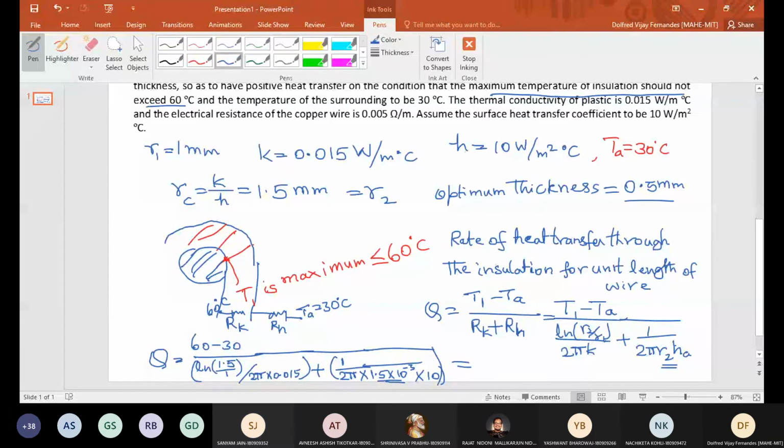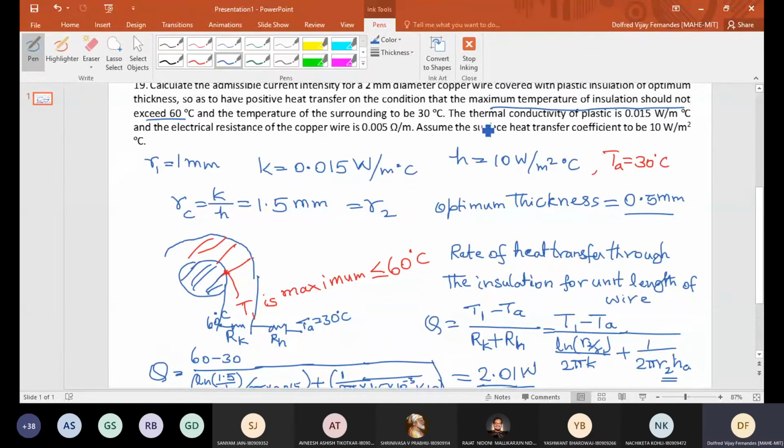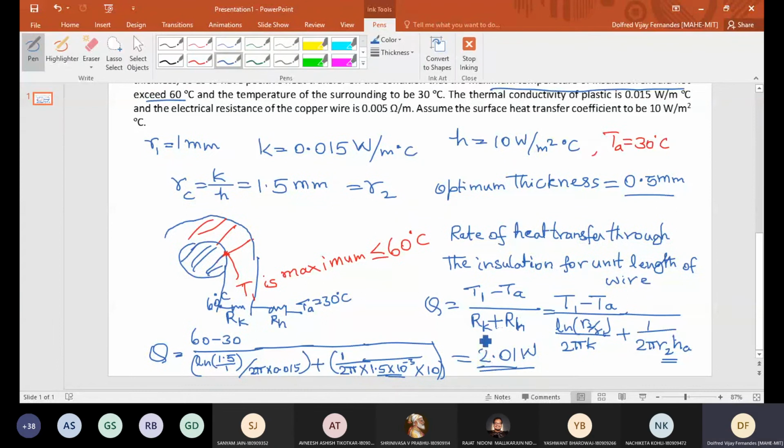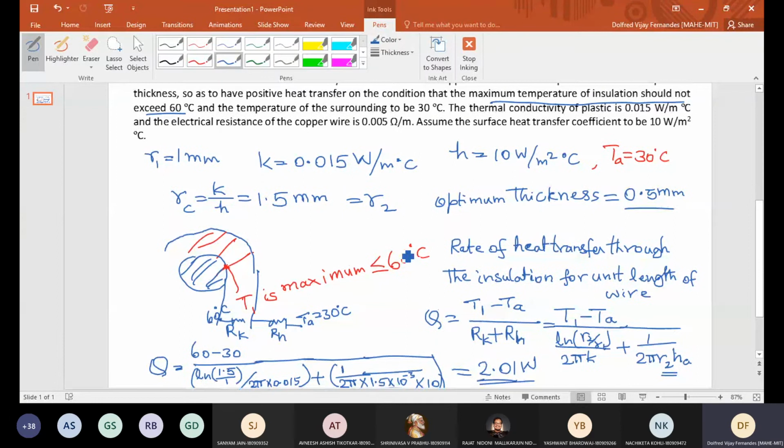How many watts? 2.01 watts. Okay. So then we have to find out what is the current through the wire which produces this much heat energy, because this is the steady state heat transfer that will limit the temperature to 60 degrees. So how to calculate that?